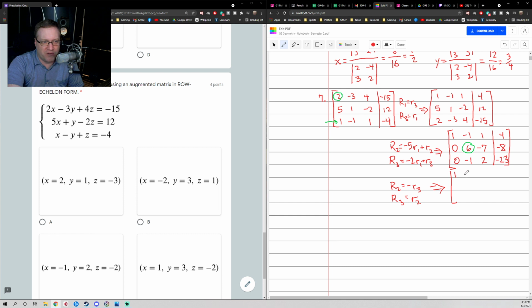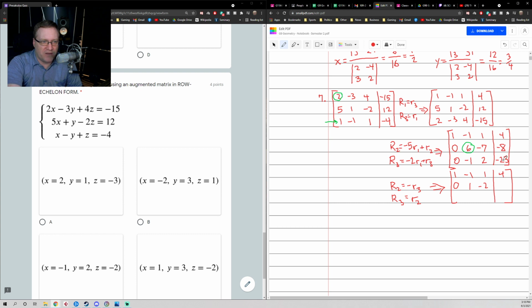So the top row doesn't change again. 1, negative 1, 1, 4. And then this second row is going to be this row and make it negative. So the negative 1 is going to be positive. The 2 is going to become negative 2.